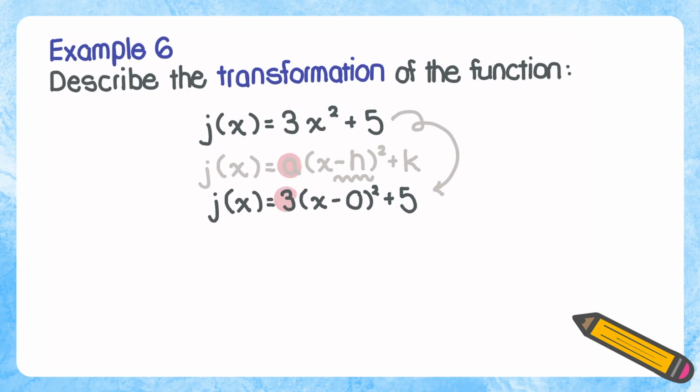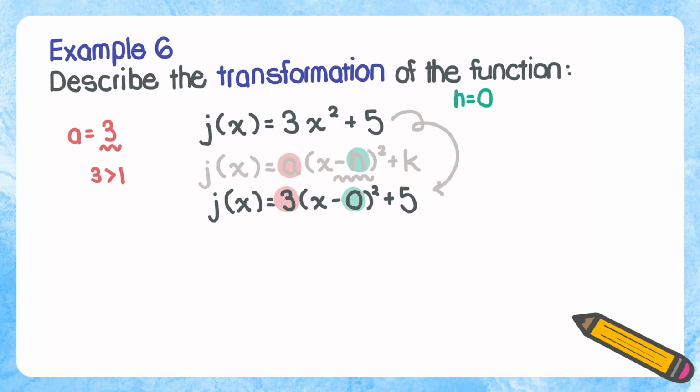a is replaced by 3, so I know that a equals 3. And since this 3 is greater than 1, I'll have a vertical stretch. The parabola will be narrower. Next, since there was no h value, I know that h equals 0.